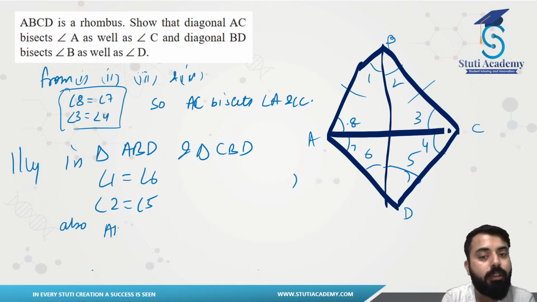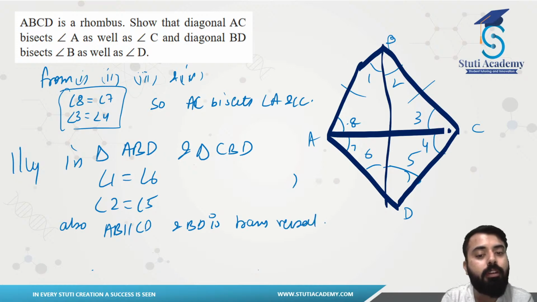Also, AB is parallel to CD and BD is the transversal. So I can say angle 1 will be equal to angle 5, angle 2 will be equal to angle 6. So ultimately you can say angle 1 equals angle 2, angle 5 equals angle 6.